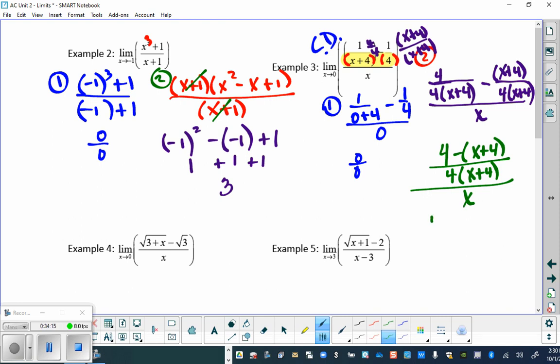Now I have 4 minus x minus 4 over 4x plus 16 all over x. I take that back. I want to not distribute this. I'm hoping it'll cancel out. You okay with me leaving that as is?